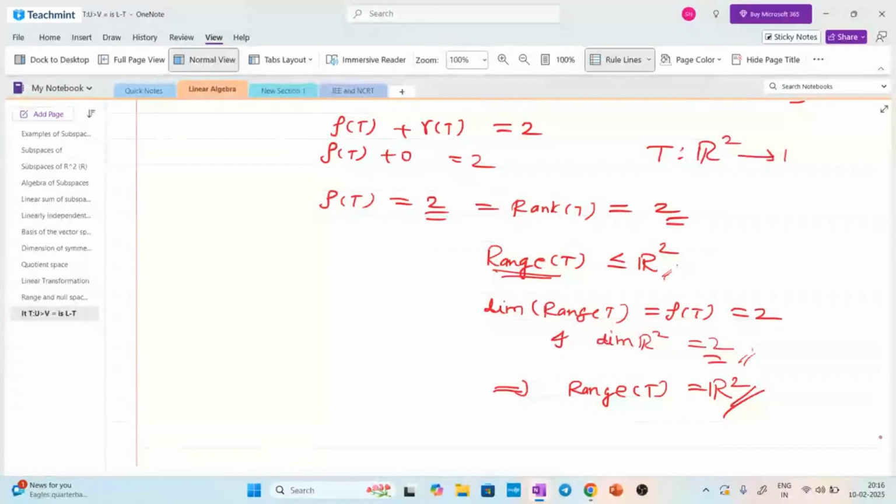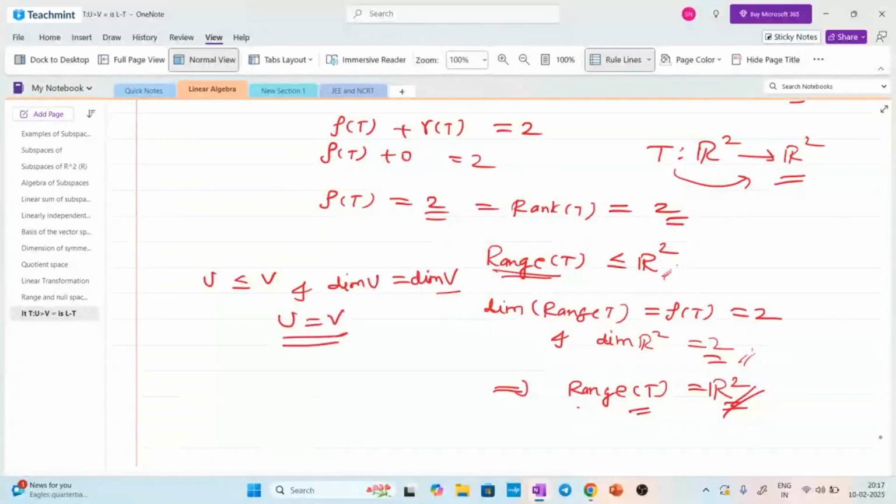That's why range of T is a subspace of R square, with dimension 2. There is a property: if U is a subspace of V and they have equal dimensions, that is, dimension of U is equal to dimension of V, then U must be equal to V. Here the dimension of range of T is equal to the dimension of R square, so they are equal. That's why range of T equals R square.